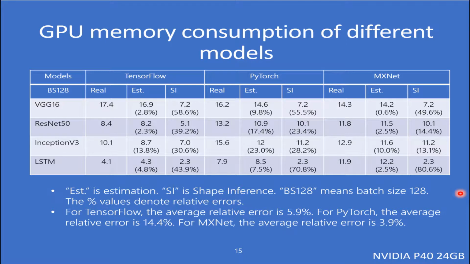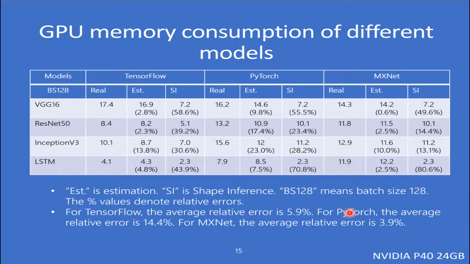We also compare DNNMem with shape inference, a static analysis technique to infer the tensor shapes of operator inputs, outputs, and weights. Currently, the 3 DL frameworks don't provide standalone shape inference tools, so we have implemented our own using the framework APIs.